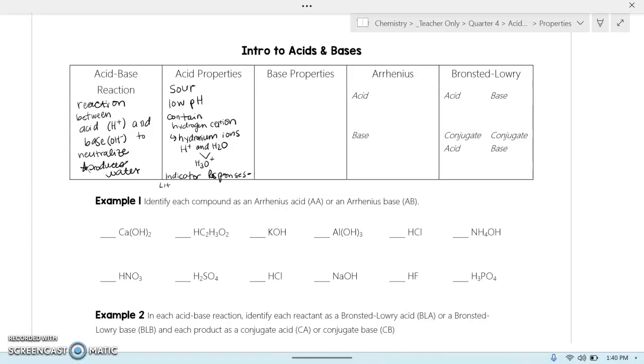We have litmus paper, and if you put litmus paper into a solution and it turns red, then it's an acid. And we also have universal indicator, which shows like a rainbow spectrum, if you will. Red, orange, and yellow will be on the side of acid.